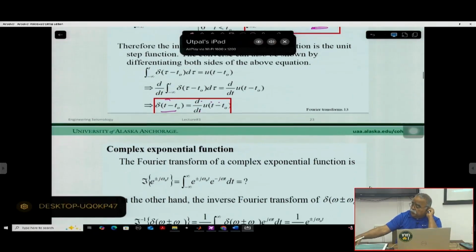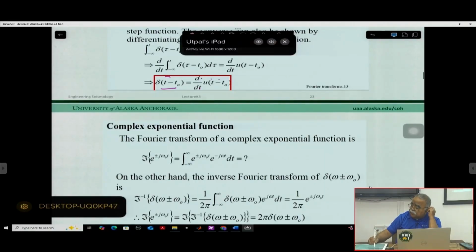So if you have an exponential function e to the power jω0t, and if you take the Fourier transform of e to the power plus or minus jω0t, what will be this function?